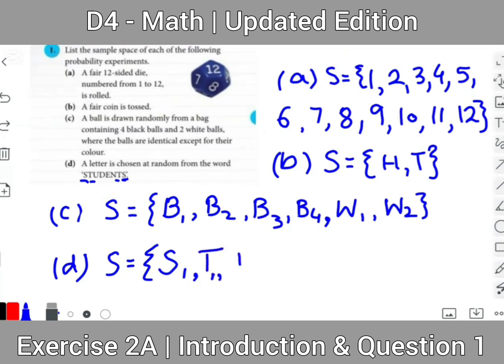Then we have U, then D, then E and N, and the second T will be denoted by T2, and the second S will be denoted by S2. So these are the outcomes for the sample space to choose a letter at random from the word students.